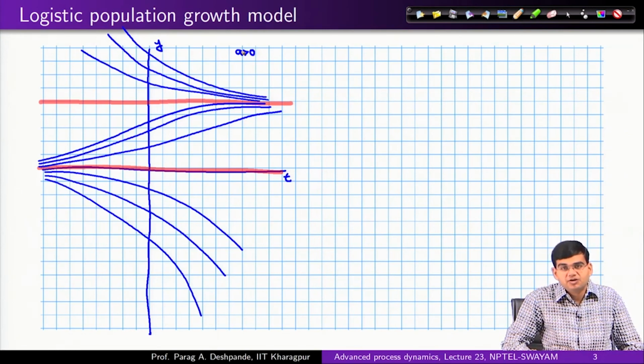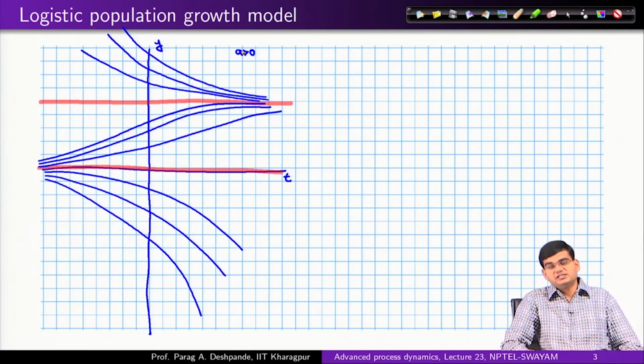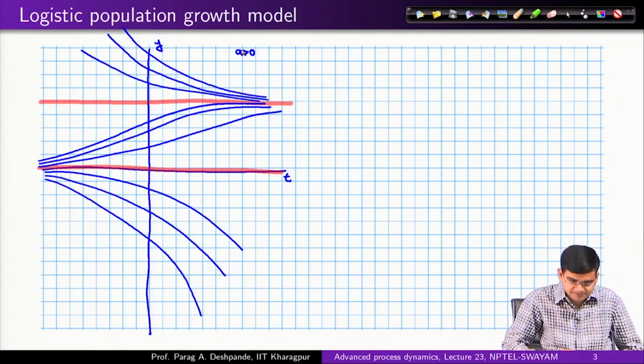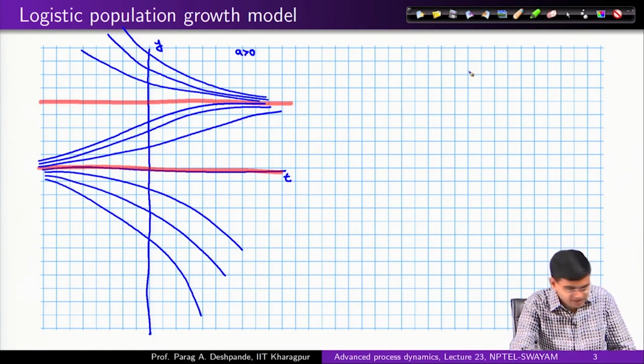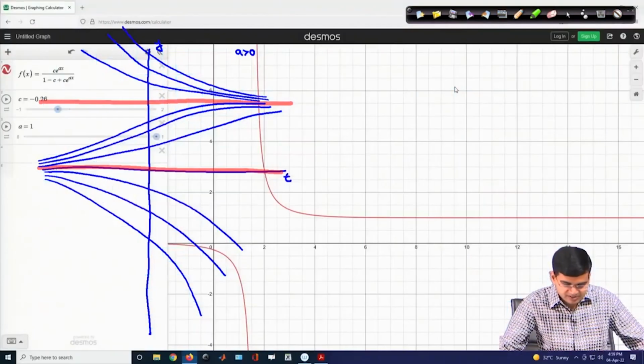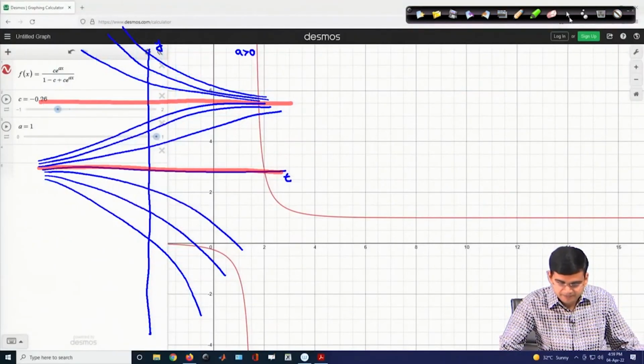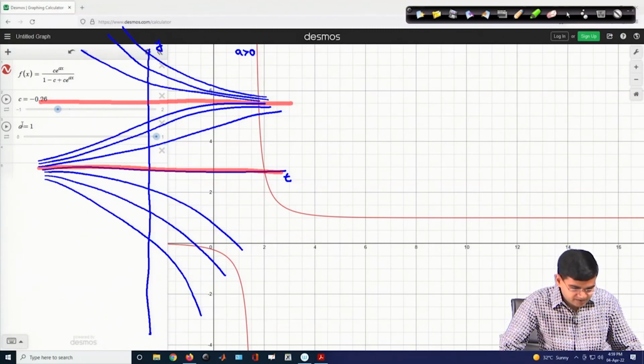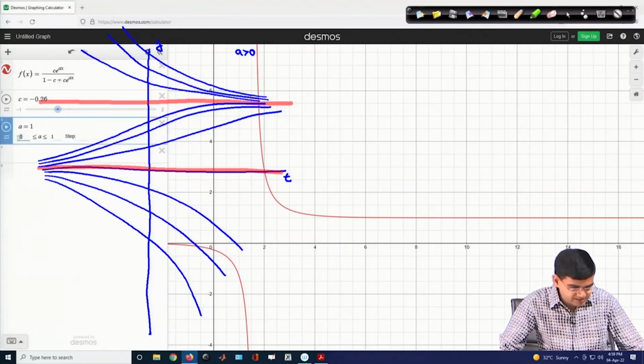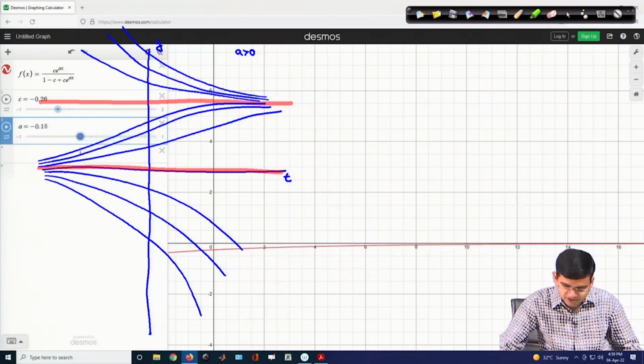But what about a particular model and a particular case for which a is allowed to be less than 0? Not very difficult to see. You can simply make a less than 0. So, let me make it minus 1, and when I do this, you see here all of them would get reversed.